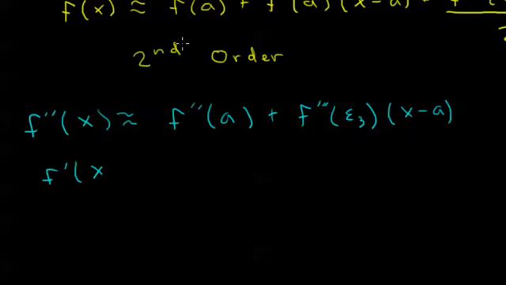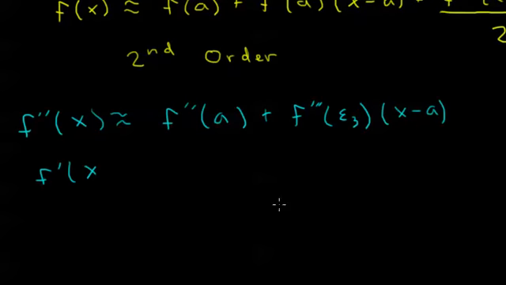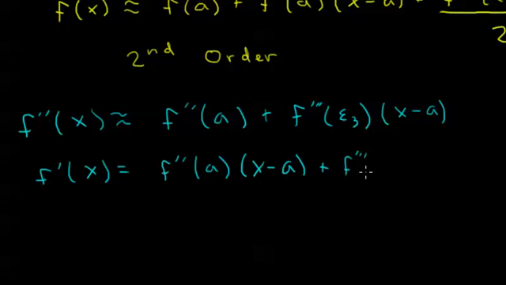F prime of x, from our requirement for using the mean value theorem for the third derivative, equals f double prime of a times x minus a plus f triple prime of epsilon 3, which again is just some point, you don't really care what it is, times x minus a squared, and I've forgotten my factor of 2 again, so over 2.